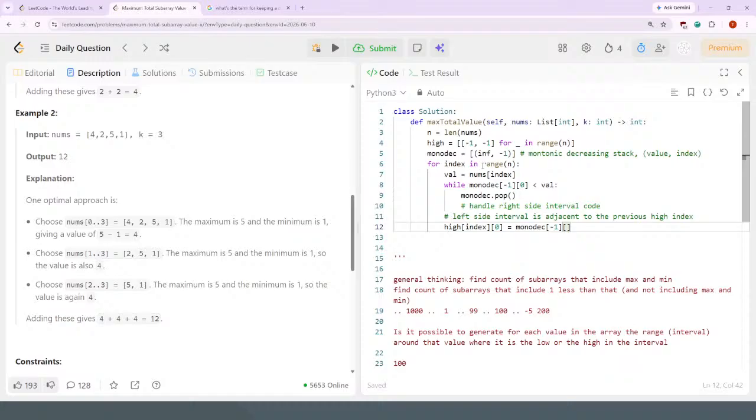The right side, how far it extends to the right, would be the index plus 1.